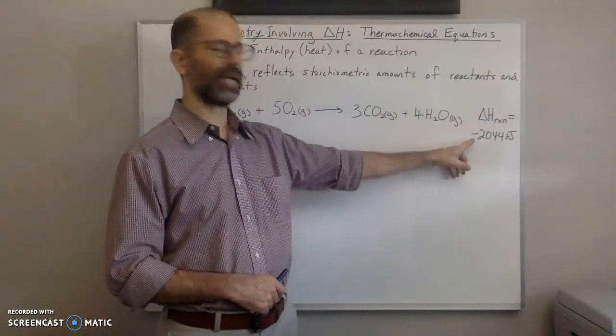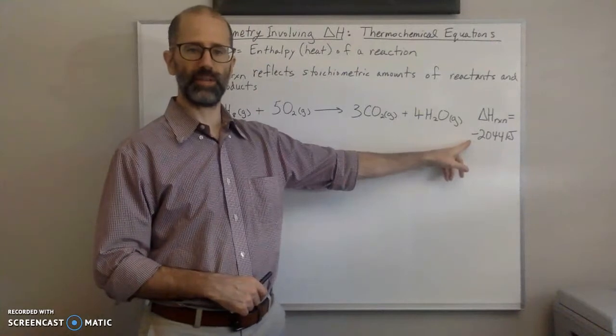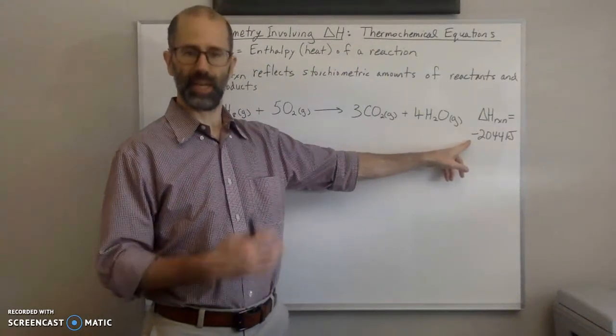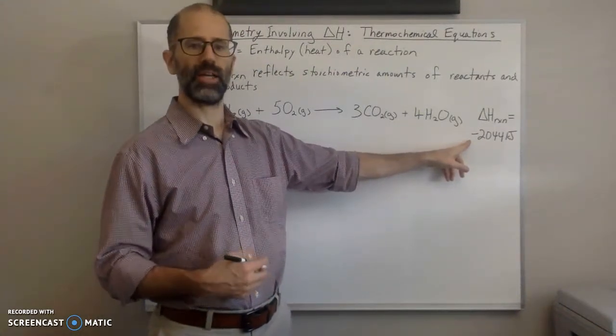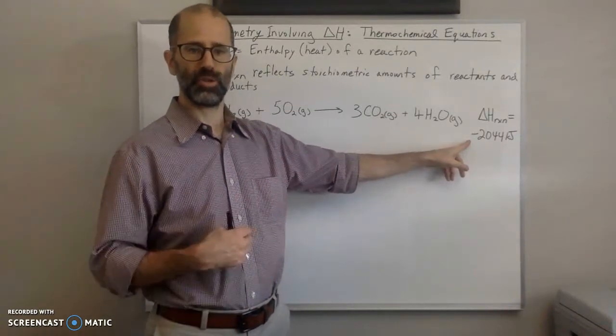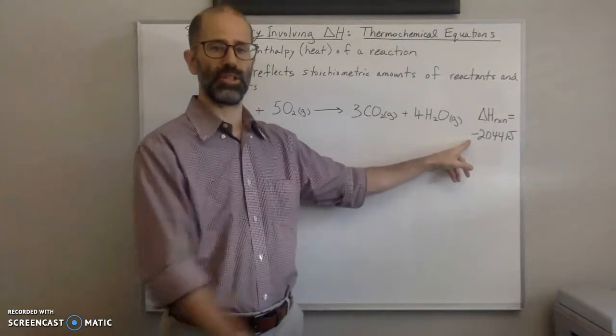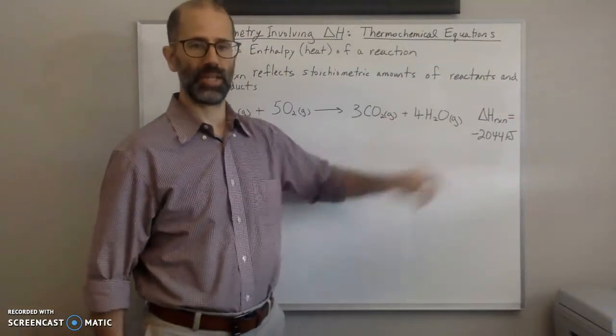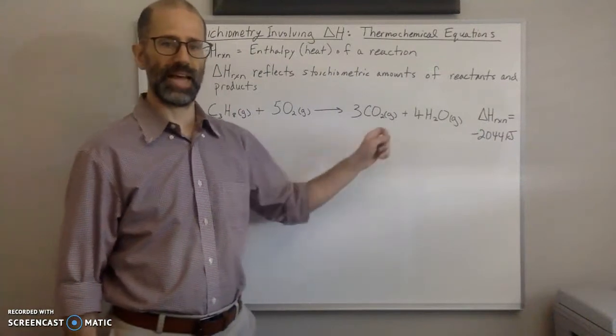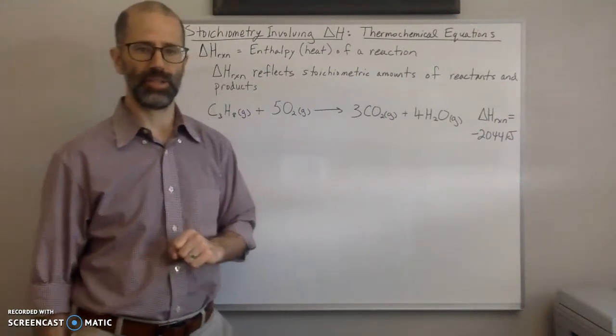And remember, the negative tells us that the delta H of the reaction is negative, and therefore it is giving off energy. The reaction is the system again, and it's losing energy, therefore it's negative. So that's what the negative sign is telling you. So this is an exothermic reaction.